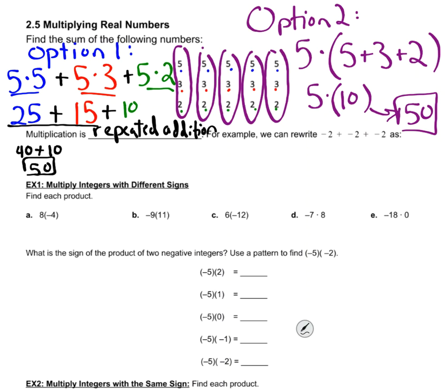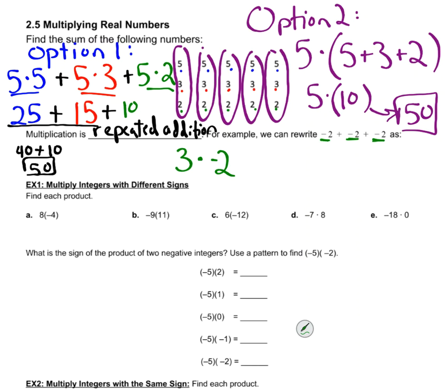For example, we can rewrite -2 plus -2 plus -2 as, well, I've got 3 -2s being added together. 3 times -2. Great. That's what multiplication is.